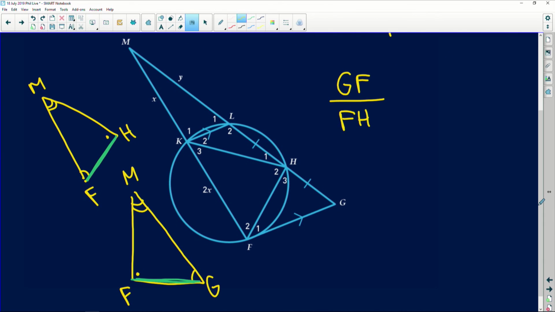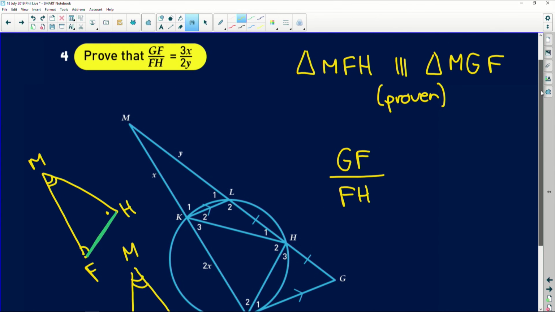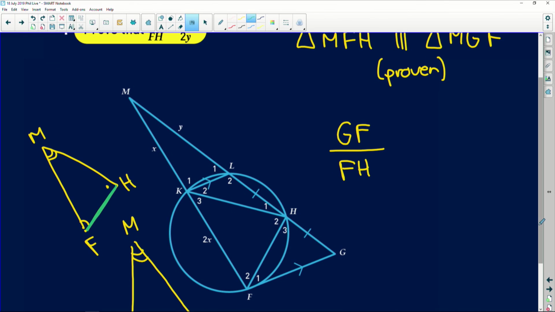GF over FH is equal to, we're trying to find a side that is 3x and 2y. Okay, so 3x as a side is MF, and 2y as a side is MH, because remember we found that these are y here. So we're looking for MH and MF.